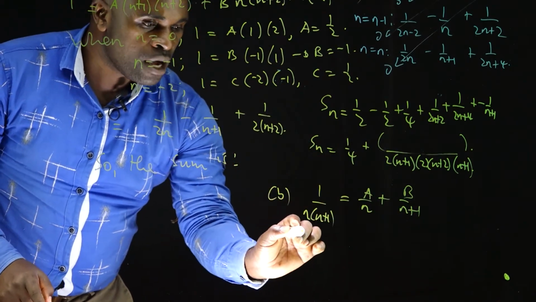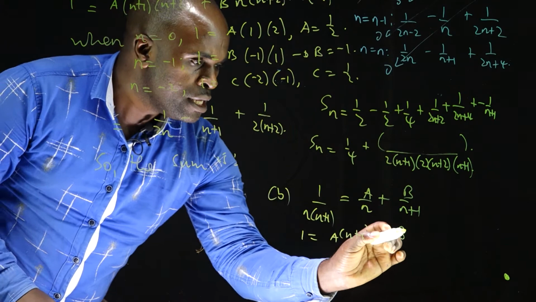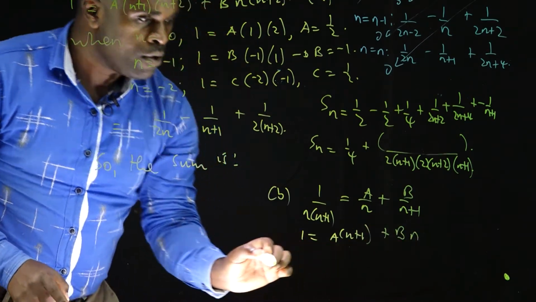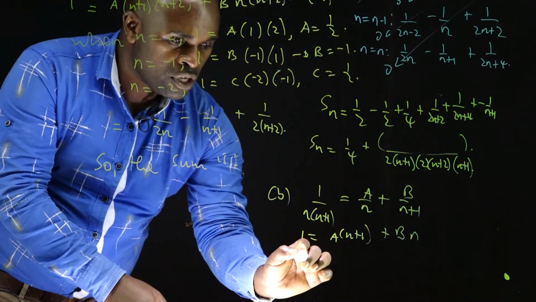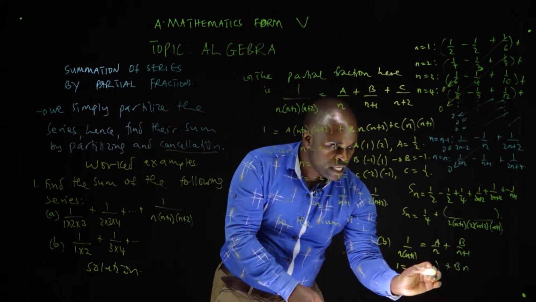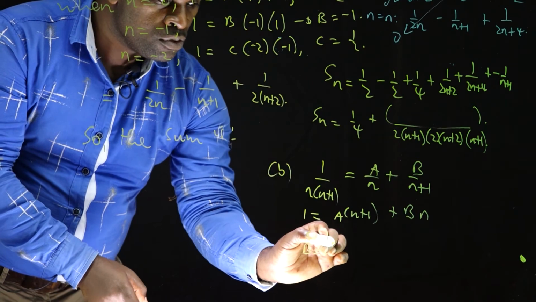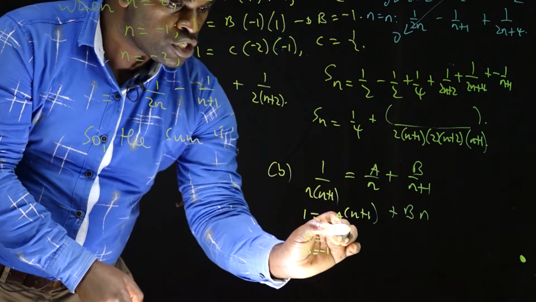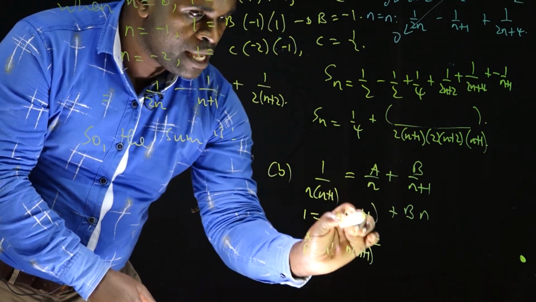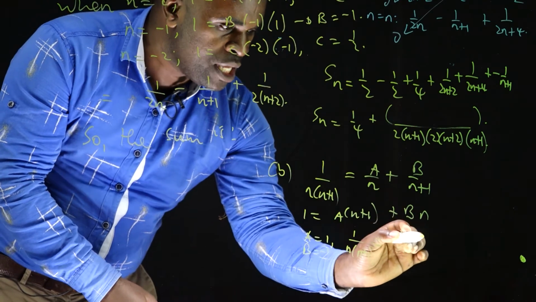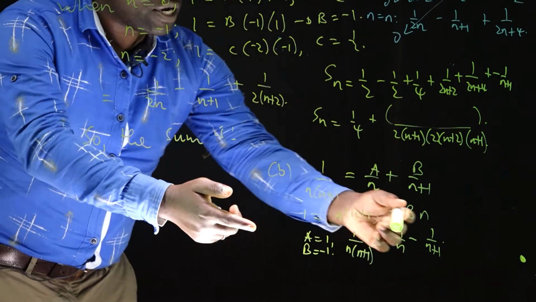So you have 1 equals A(n plus 1) plus Bn. So when n is 0, this vanishes, giving A equals 1. When n is negative 1, giving B equals negative 1. So partialization gives us A, which is 1 over n, minus B, 1 over n plus 1. We have already partialized it.